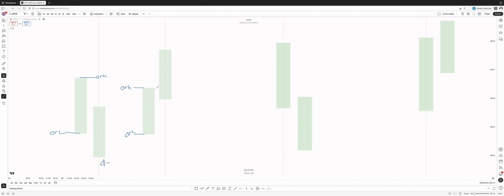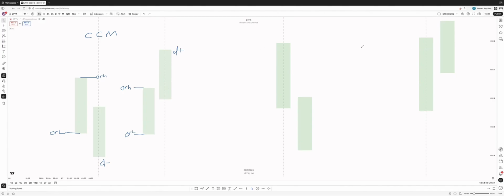Price takes the high first, making that D plus. Price takes the high at the open of this current day. You see, so this is what we call the closing candle method.